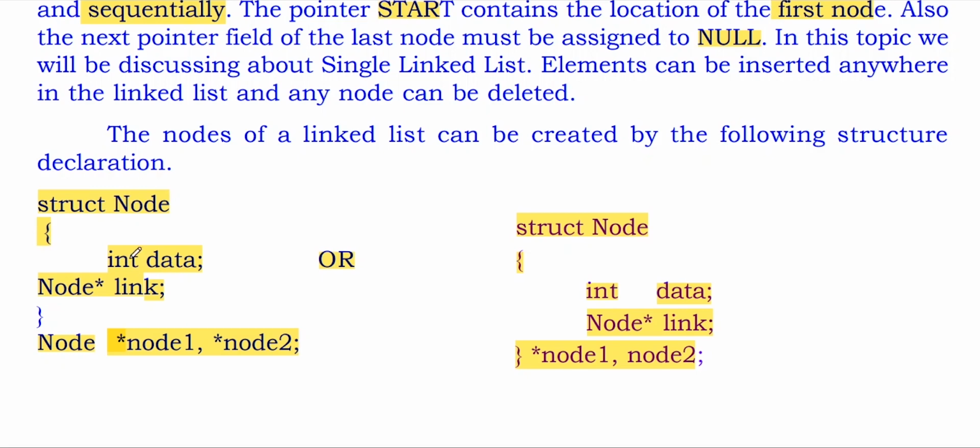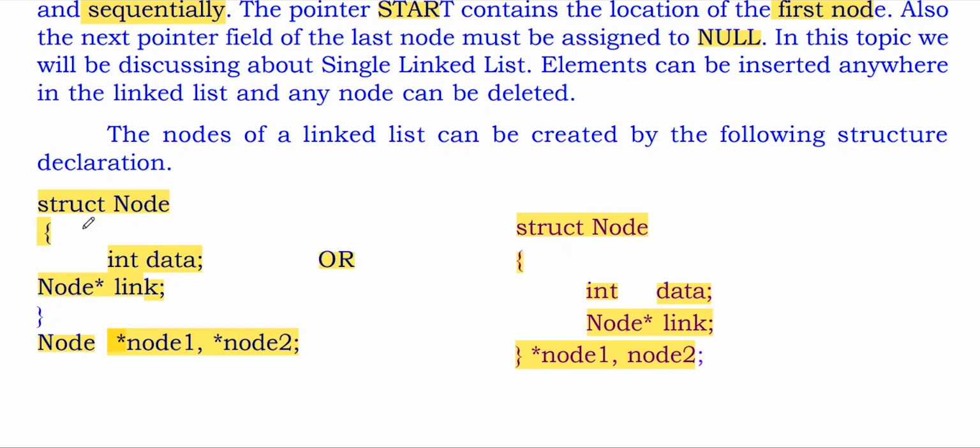One is data, which is of integer type, and we also have one more, with a star. You can see here it's a pointer. We have one more member called link, which is a pointer type, and it points to a node. What is node?